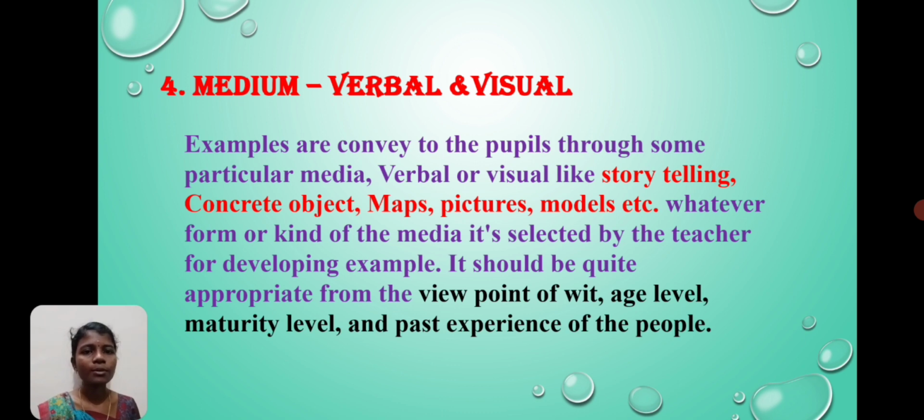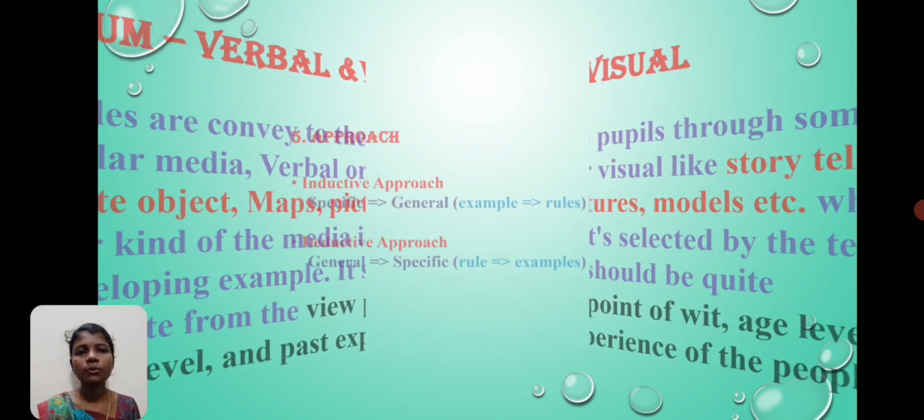For example, verbal or visual, like storytelling, showing some object to them, or maps, pictures, and models, etc. Whatever kind it is, the media selected by the teacher should give a proper example for the students. It should be quite appropriate from the viewpoint of wit, age level, maturity level, and the past experience of the people.